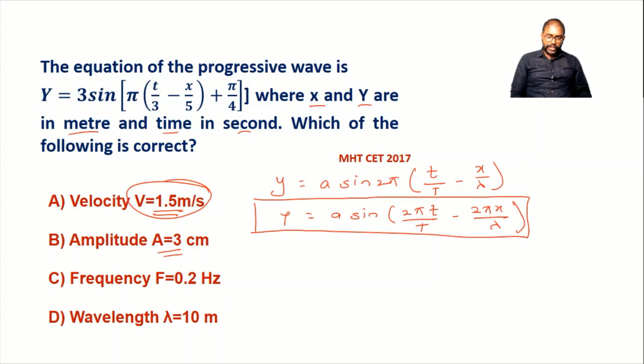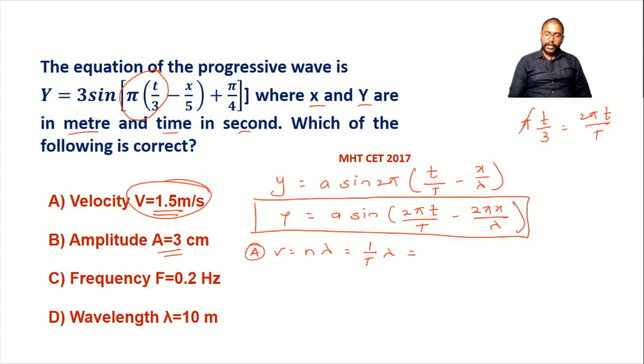Let me check option A. Option A says velocity V is equal to n lambda. Now n I can write as 1 by T into lambda. You can see the standard equation here, so I can compare the term pi t by T with the term 2 pi t by 6.